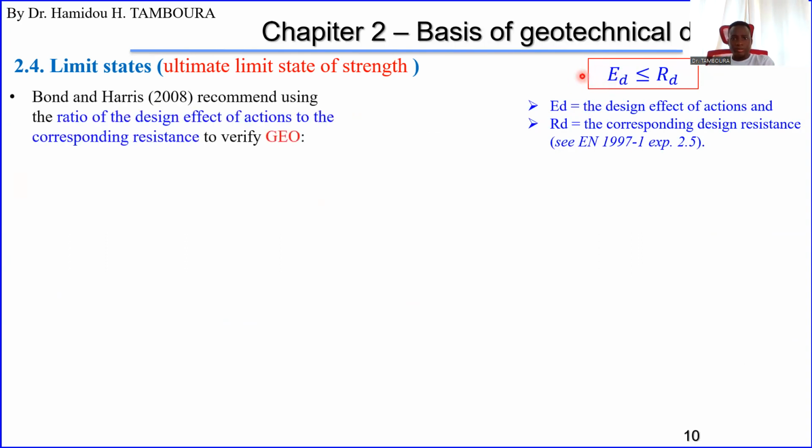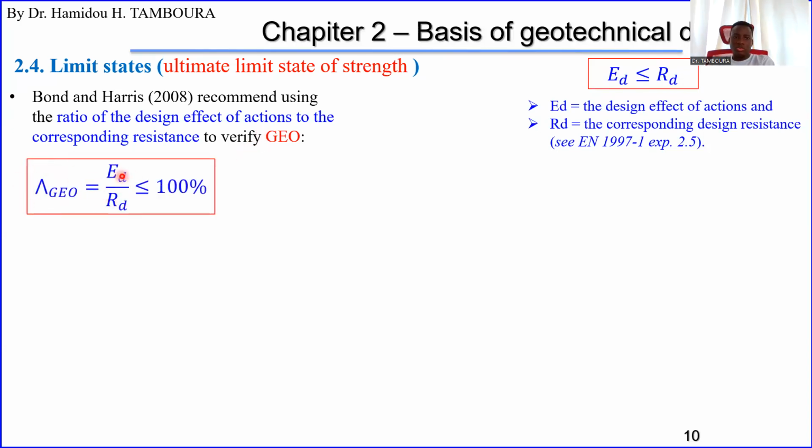But how can we verify this? Some people suggested, this reference suggested, that for the geotechnical one, we can do something like that. But technically it's the same. The Eurocode is saying this one has to be smaller than this one. And the reference is saying that we can use this, calling it degree of utilization, which is Ed divided by Rd, should be less than 100%.